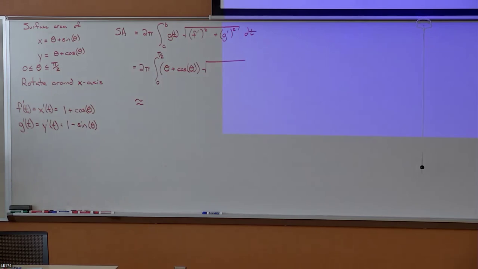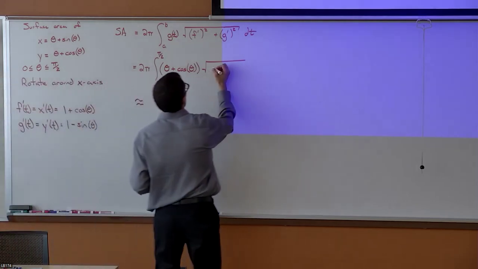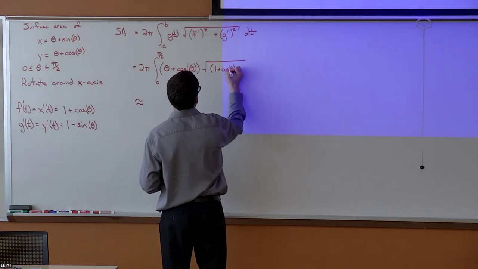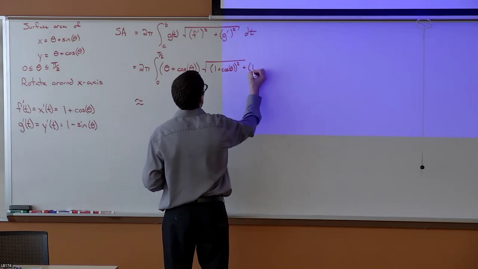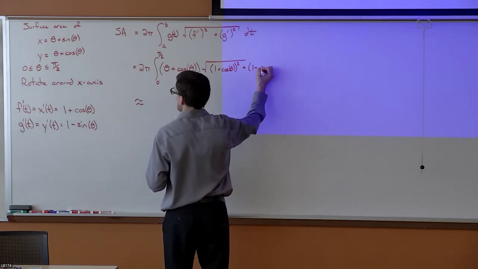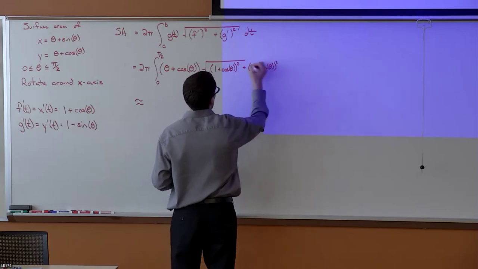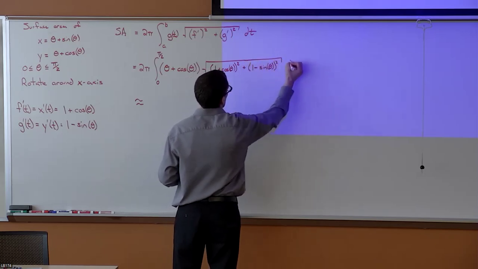Or if you wanted to use t's as your variable. When I put it in my calculator, I put it in as t's. So we're getting 1 plus cosine theta all squared plus 1 minus sine of theta all squared underneath that square root.